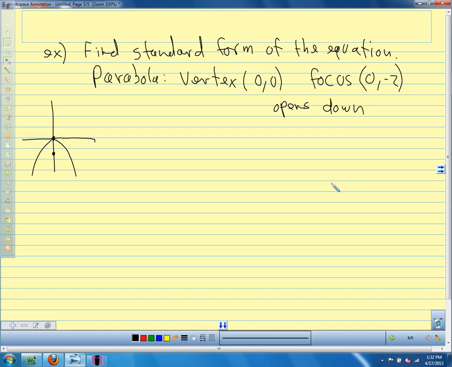And we know that the standard form of our equation is x minus h squared equals 4p times y minus k. Well, since our vertex is at 0, 0, I know that my equation is going to look like x squared equals 4py. And we said that the focus is p units away from the vertex.